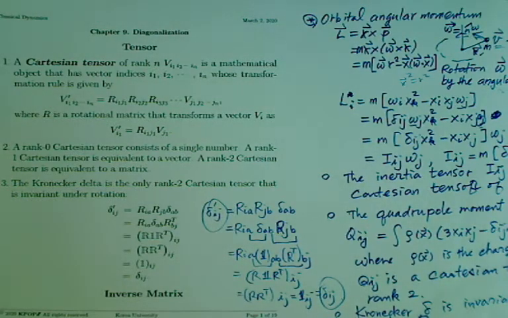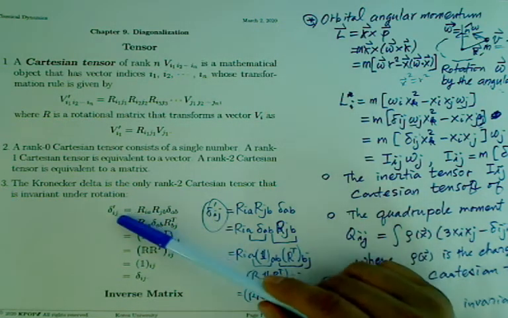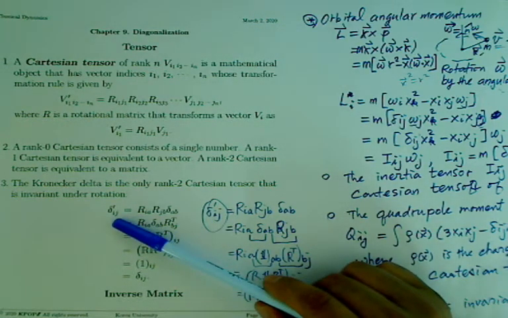And actually the Kronecker delta is invariant under rotation. Let's see. This is a Cartesian tensor of rank 2. The Kronecker delta is in here.